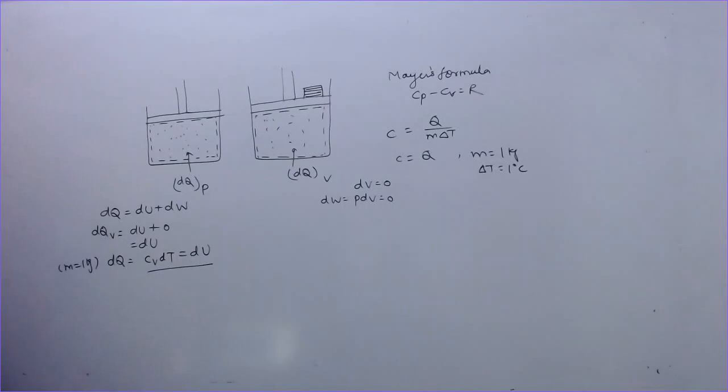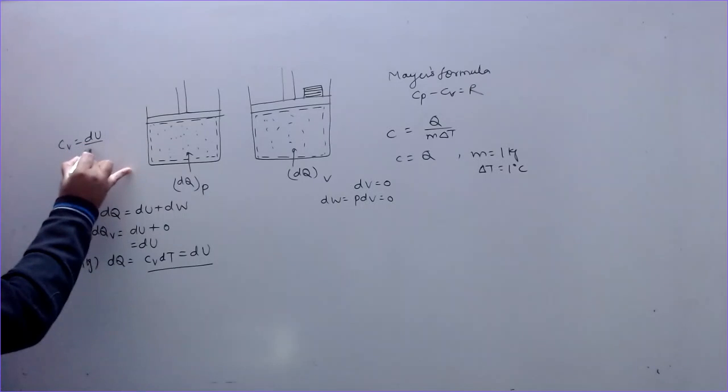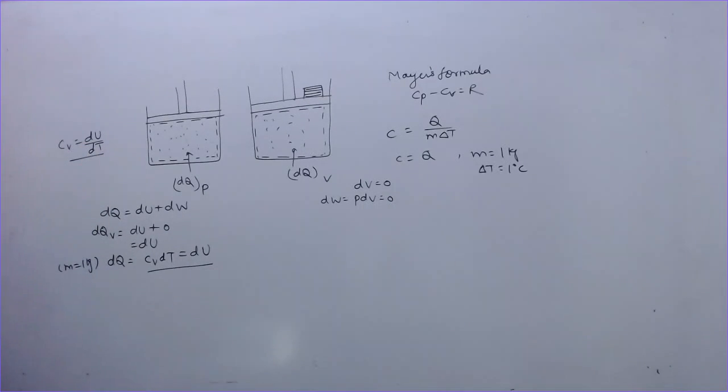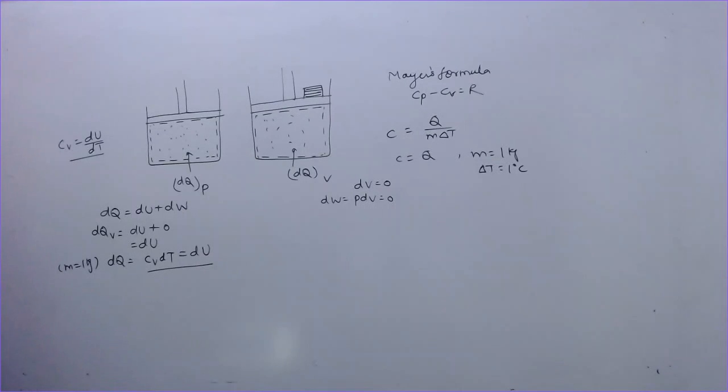The ideal gases always follow this. For them, Cv is equal to dU by dT. Internal energy is a function of temperature only, and Cv is the rate of change of internal energy with respect to temperature. So this we can write for the constant volume system by taking 1 kilogram mass, or you can say 1 mole of the system.